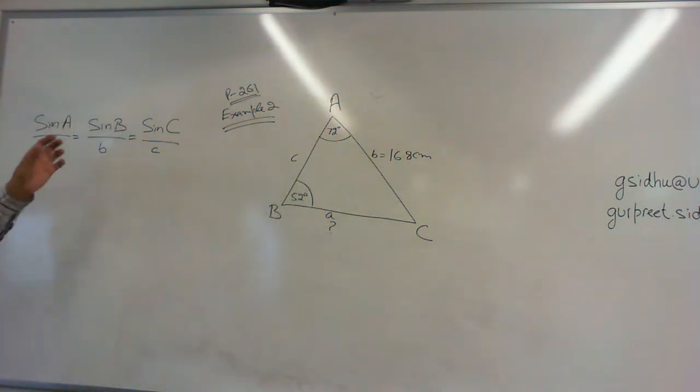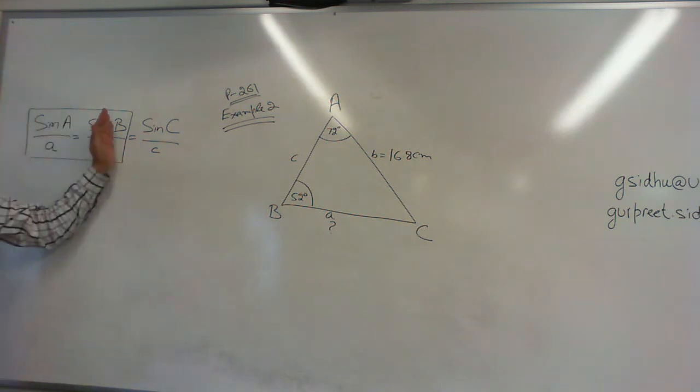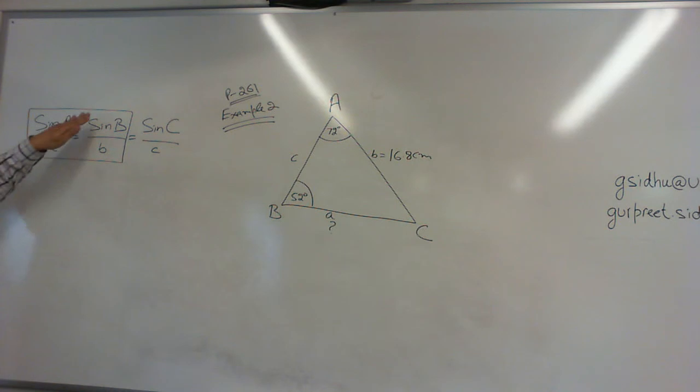Using this formula is a little bit tricky, but once you know the main idea, then you won't have any problem. When we use this formula, we don't use everything because we have three ratios, the first ratio, the second ratio, the third ratio. We don't use three ratios at a time. We only use two ratios at a time. So this formula can be used in three different ways. You can use this part of the formula, just this part, right? You don't have to use all of it. You just use two ratios at a time.